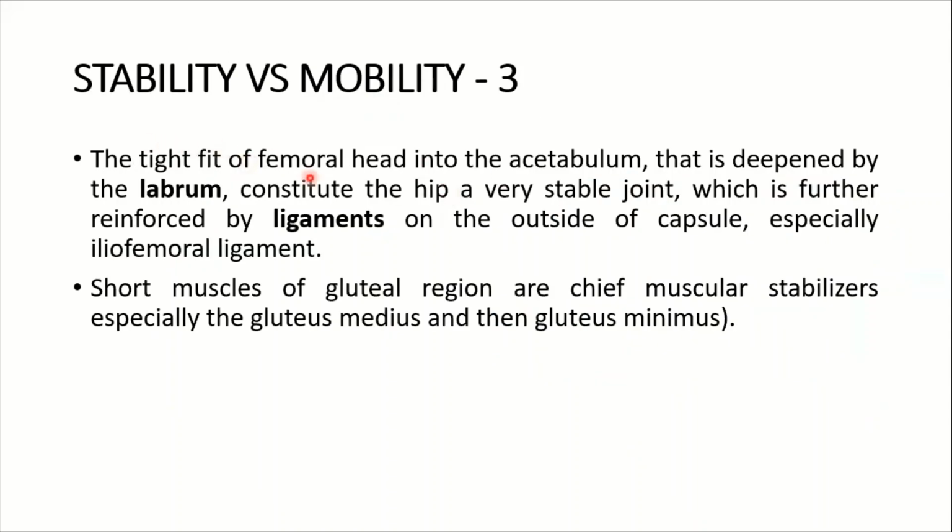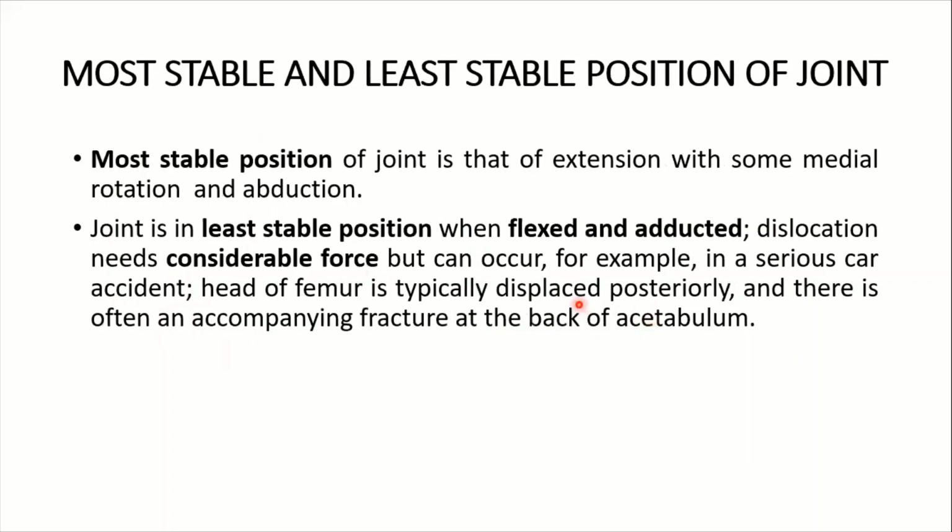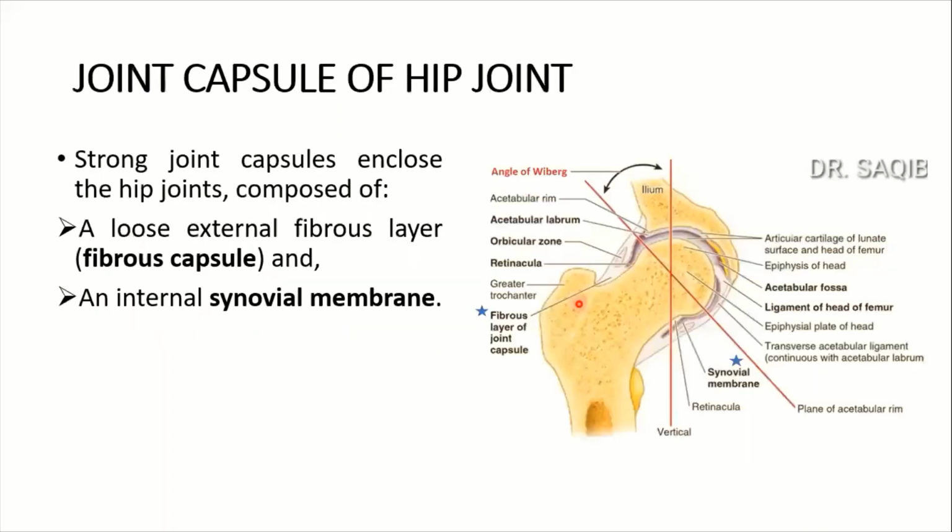The tight fit of the femoral head into the acetabulum that is deepened by the labrum makes the hip a very stable joint, which is further reinforced by ligaments on the outside of the capsule, especially the iliofemoral ligament. I will tell you, the iliofemoral ligament, the ligament of Bigelow, is the strongest ligament of the body. Short muscles of the gluteal region are chief muscular stabilizers, especially the gluteus medius and the gluteus minimus. Right?